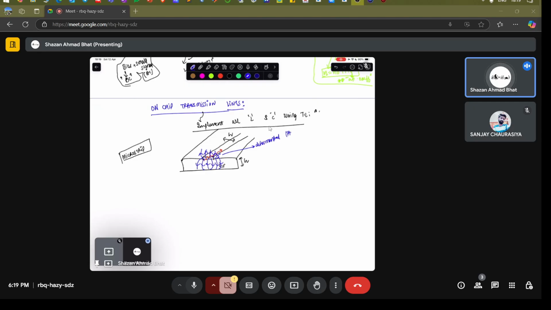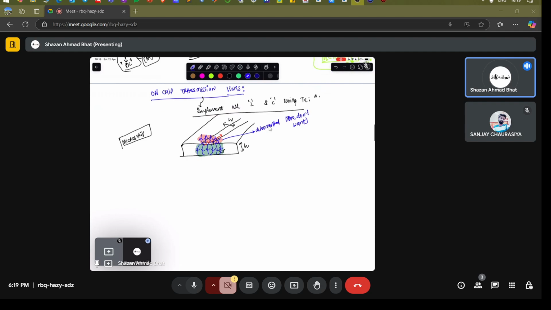We want most of the field to penetrate inside the dielectric. These field lines are like lossy components because they are just coupling into free space. They don't have anything to do. Most of the field should be penetrating this particular medium.